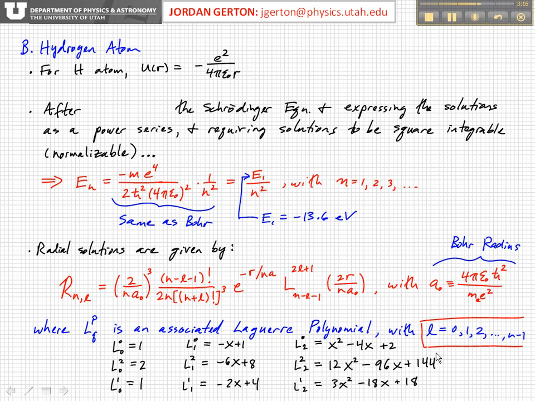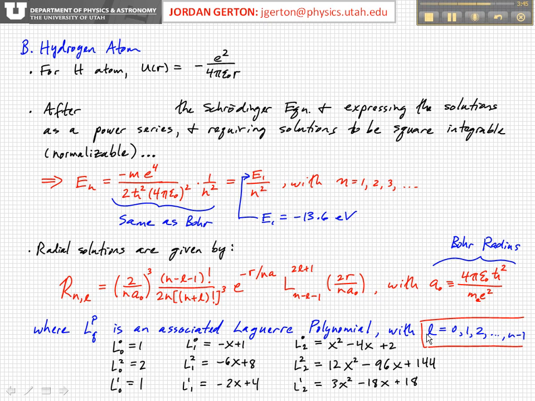Okay, and very importantly, now we have a restriction on the allowed values of l, the quantum number that characterizes the total angular momentum. l now can't take on just any integer value. Before, when we looked at just the radial equation, we had no restrictions on l other than it had to be an integer greater than or equal to 0.